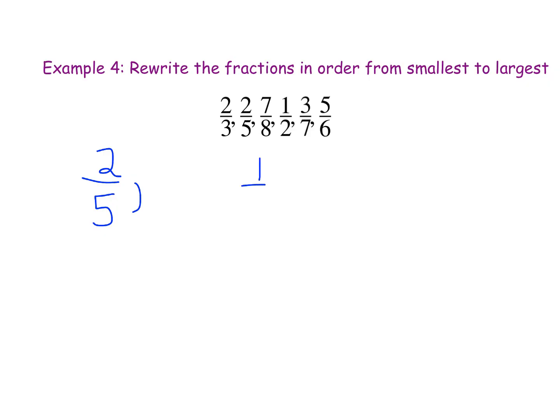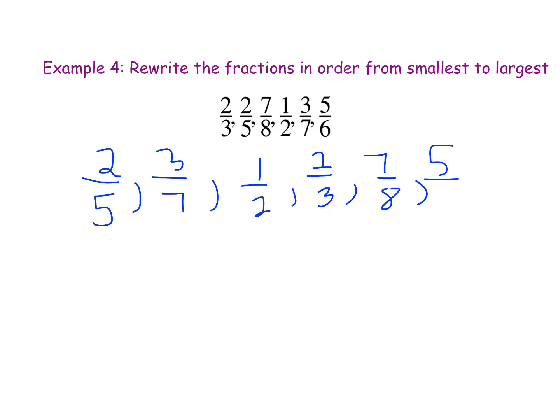We have 1/2 right in the middle. We have 3 over 7, and that's it for fractions that are under a half. Fractions that are over a half: 2 over 3, 7 over 8, and 5 over 6. Now they're not in order, they're just grouped on either side of a half.